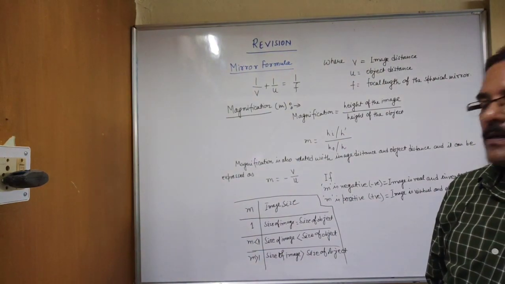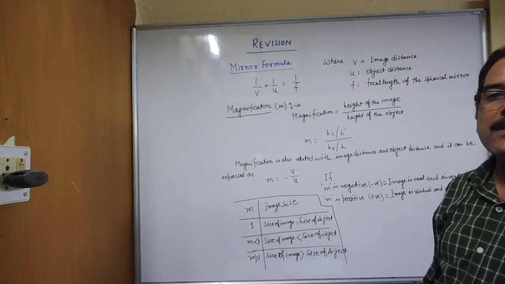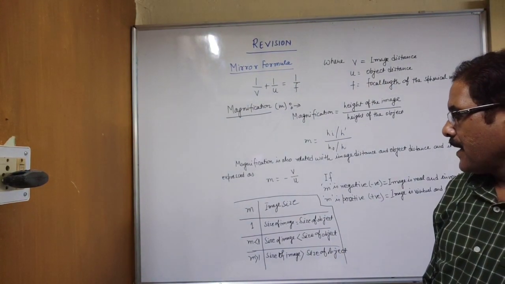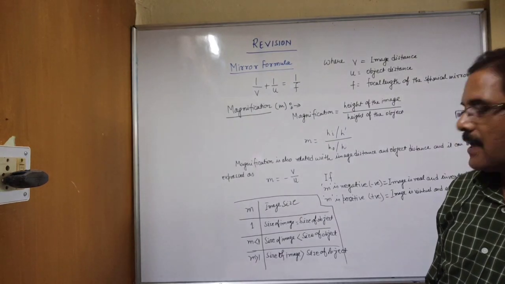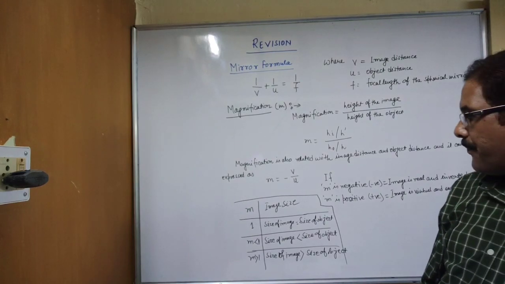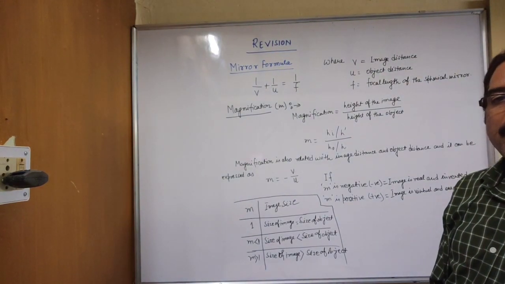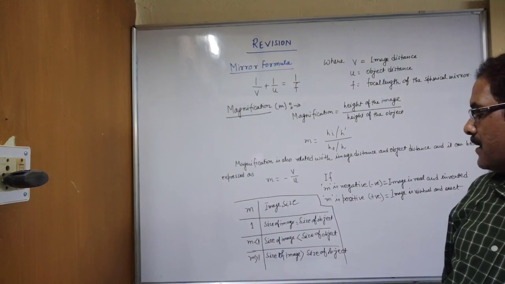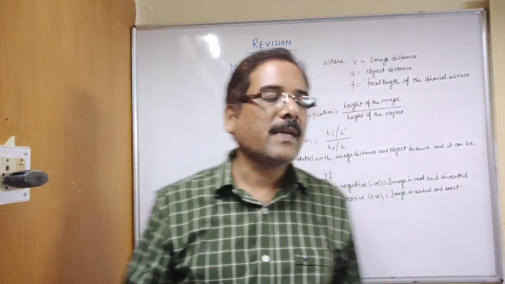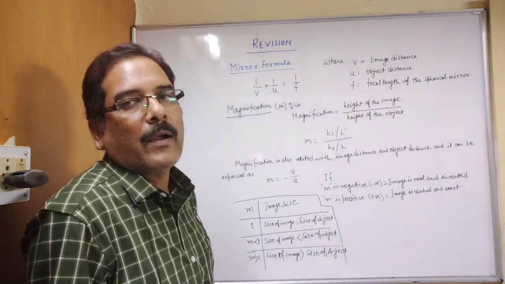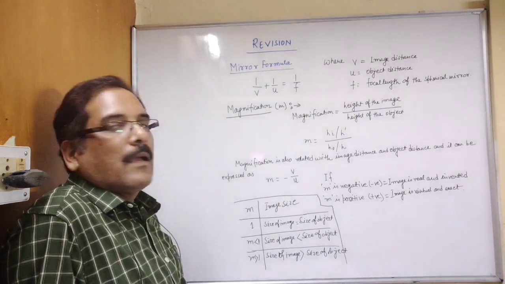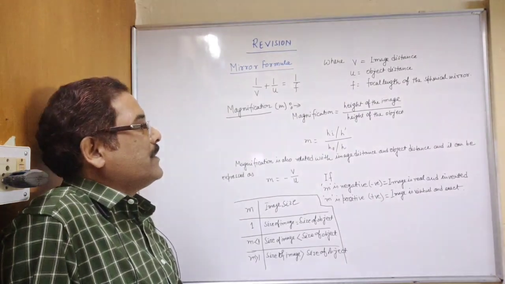If magnification is equal to 1, then image size and object size are equal. If magnification is less than 1, the size of the image is less than the size of the object, and if magnification is greater than 1, then the size of the image is greater than the size of the object. All these things which I have written today are very important for solving numerical problems, and so is the sign convention which I discussed in the last class.